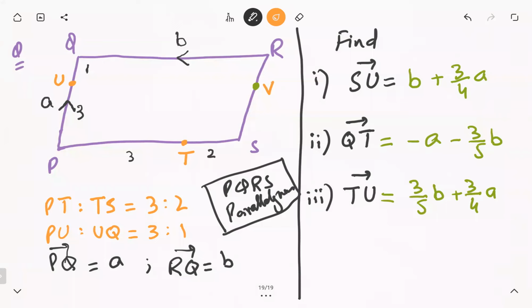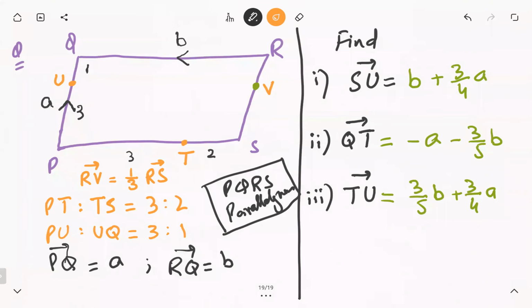The relation is RV is equal to 1 by 3 RS.